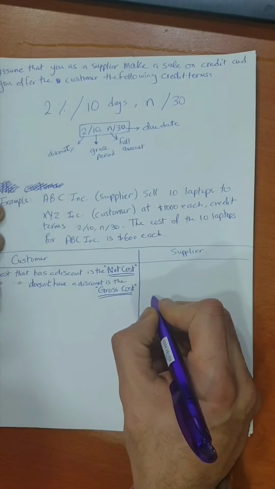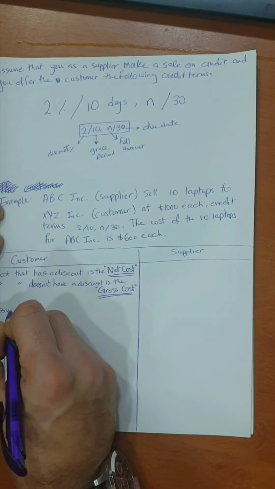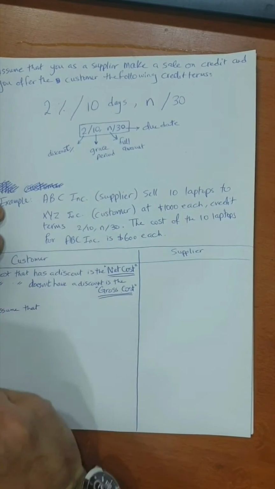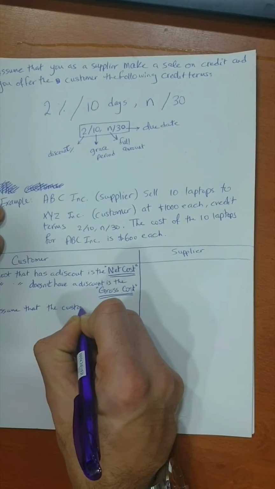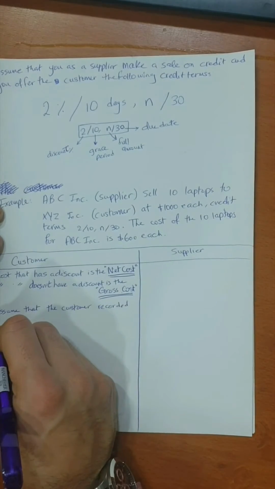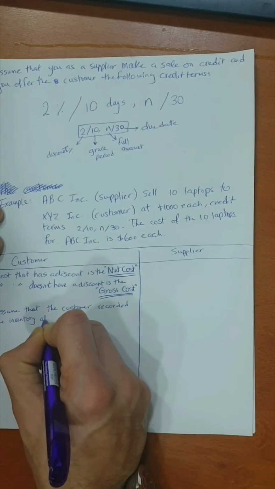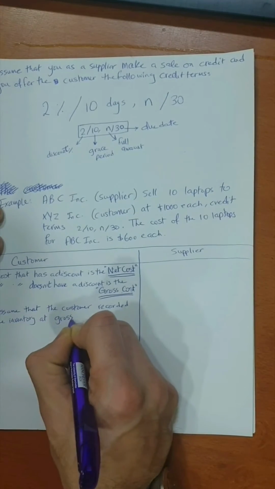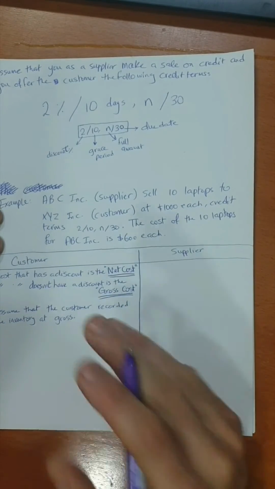So what happens here is that assume that the customer recorded the inventory at gross, so at the regular value, or the face value, or principal value.